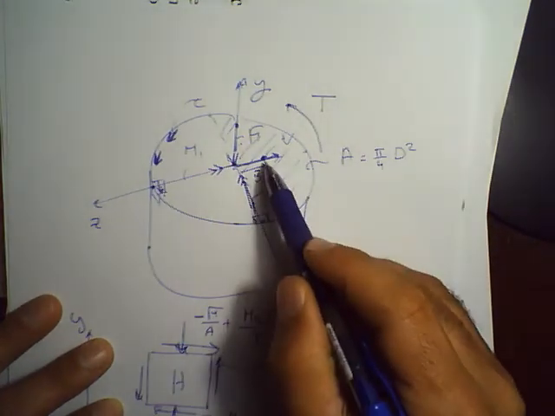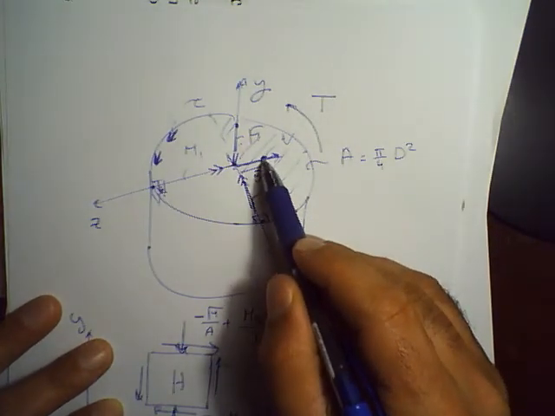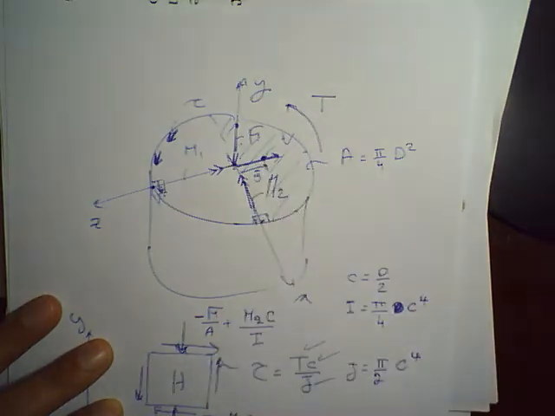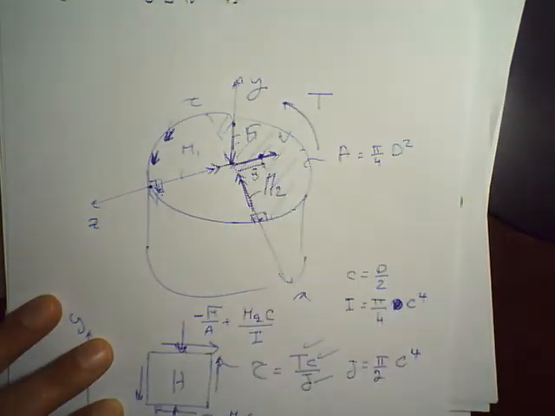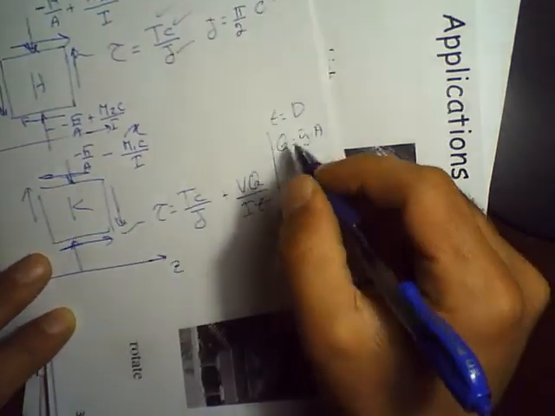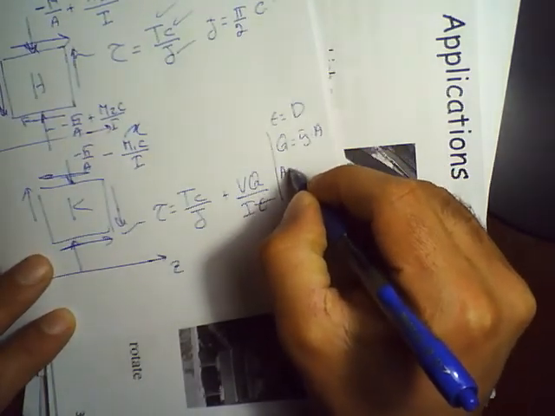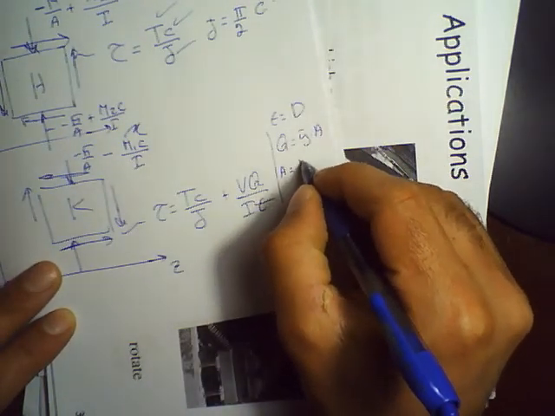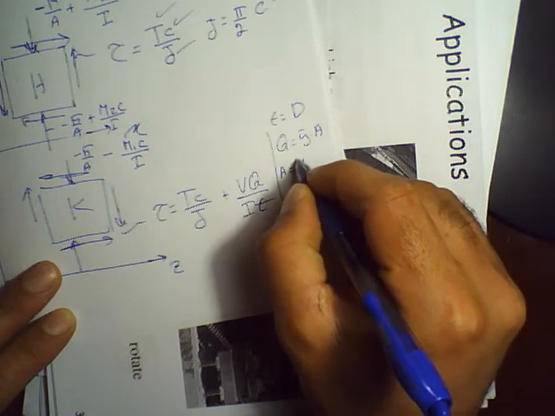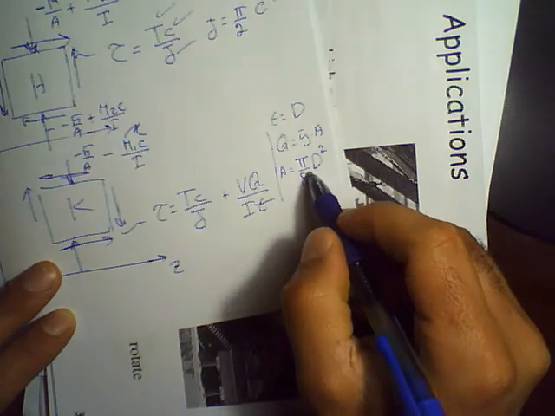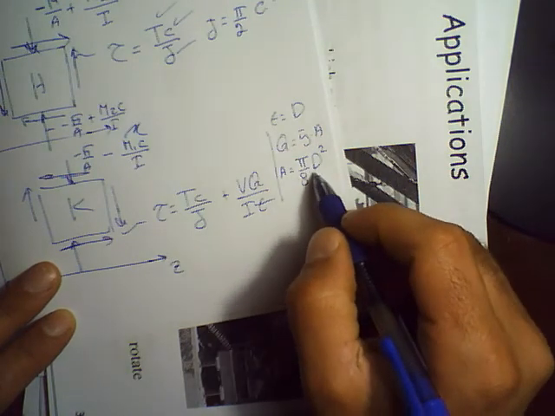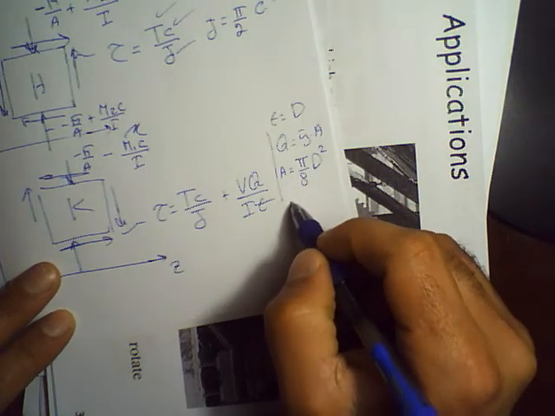And I actually provided an equation for this guy for you guys earlier, and the area is going to be the area of this guy, right? So it is half the circle in that case. So the area of half the circle is going to be equal to how much? Pi over 8 d squared, right? Or pi d squared over 4 divided by 2.